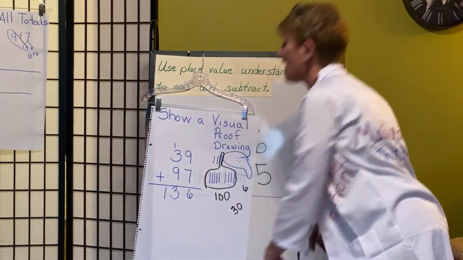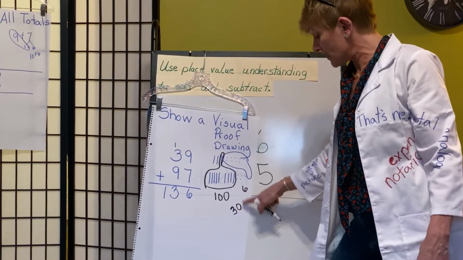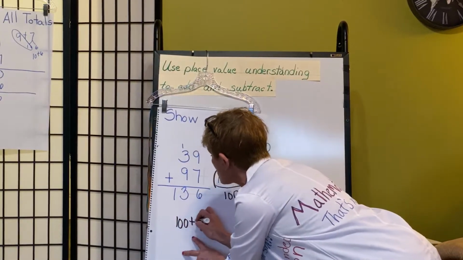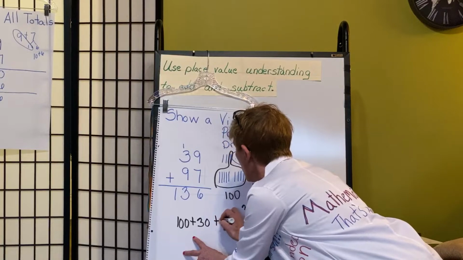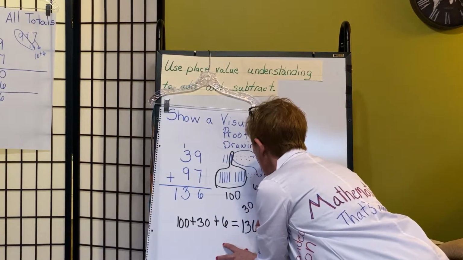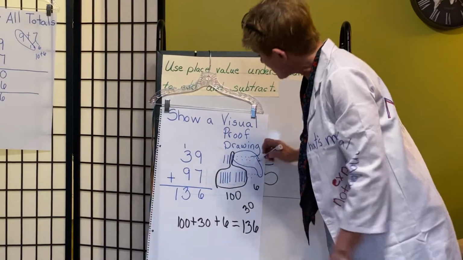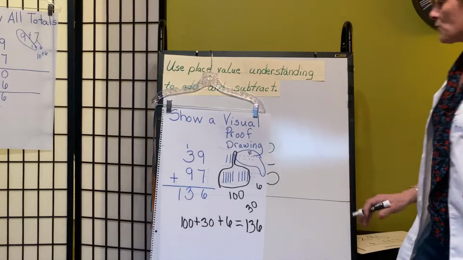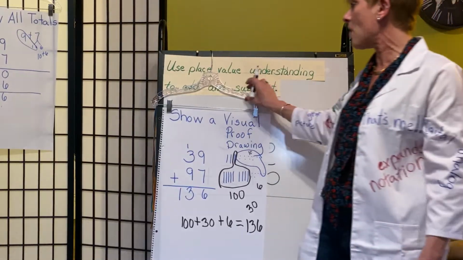That's how we have 130 with a 6. That brings back our expanded notation of 100 plus 30 plus 6 equals 136, because our 10s help us understand it. That visual, that proof drawing, is very powerful.